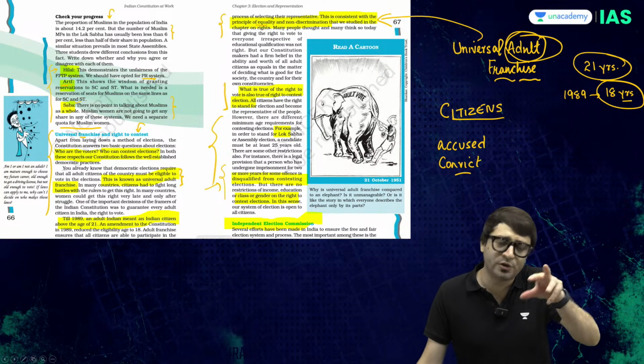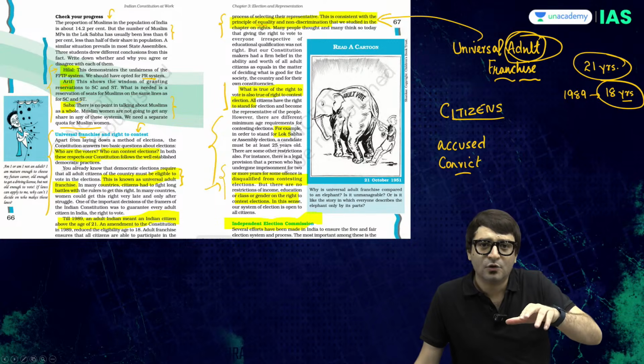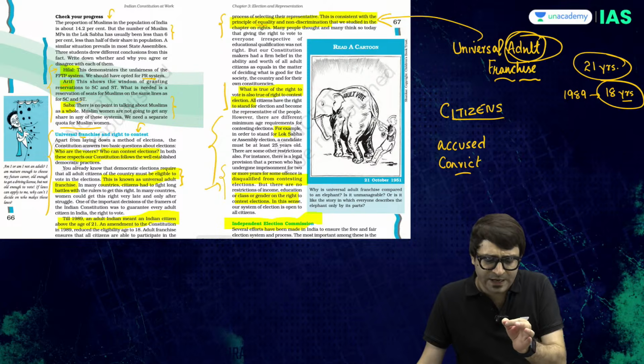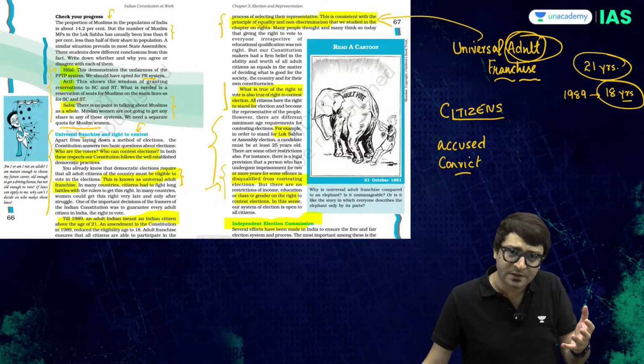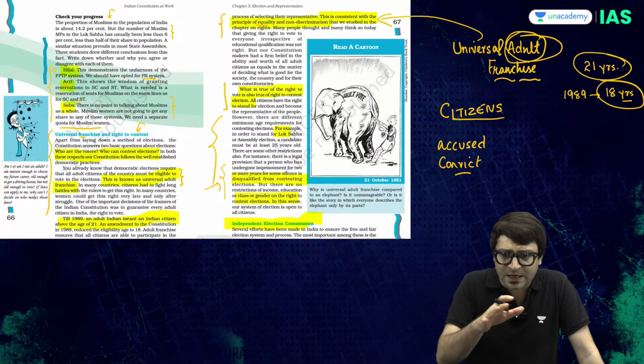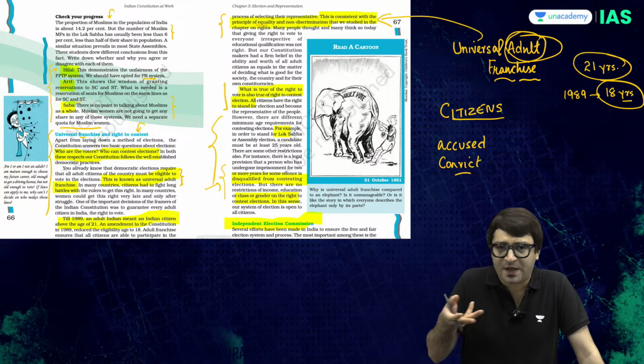But the most important question then is, who will organize these elections? Should we entrust this power to the government, to the party which is in power? Then the election will be conducted in such a manner that it will favor my political party.